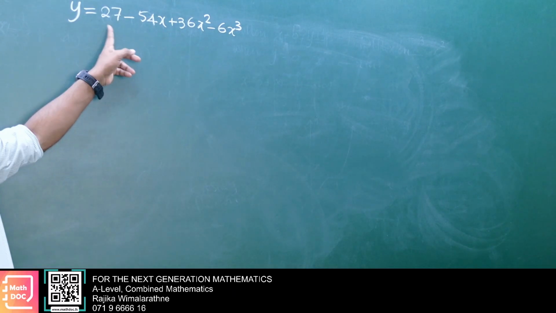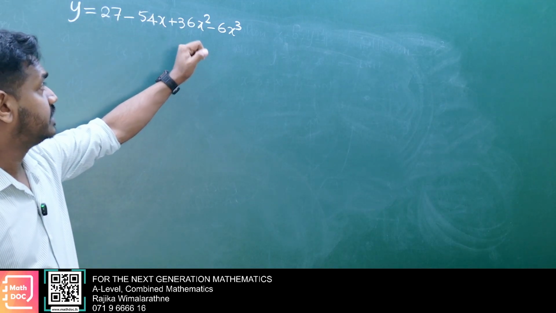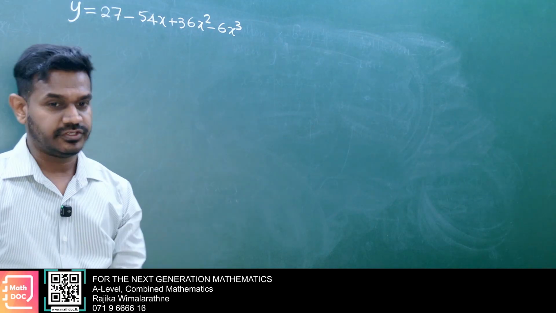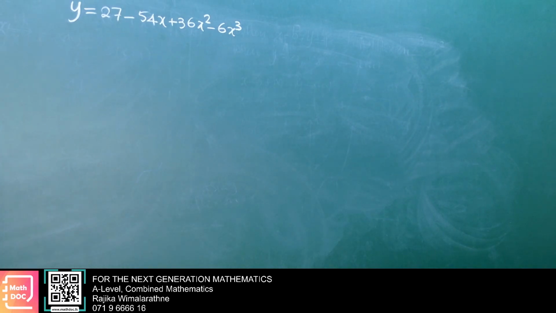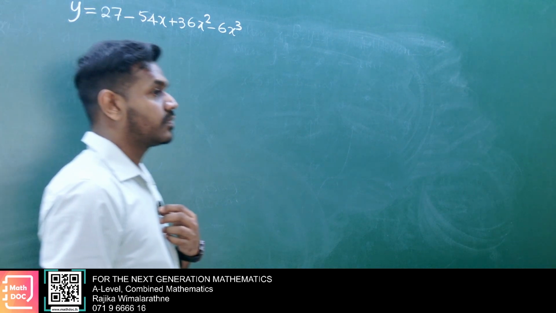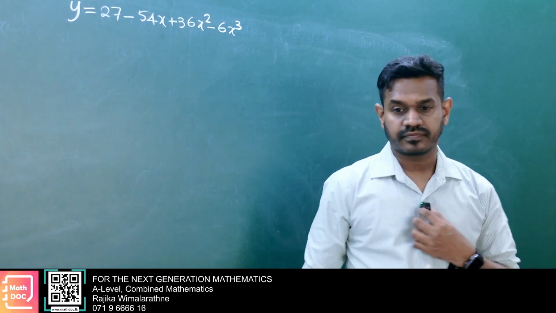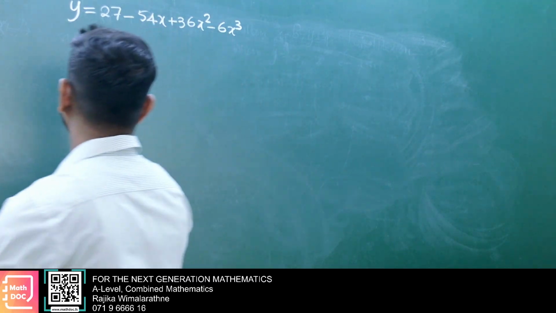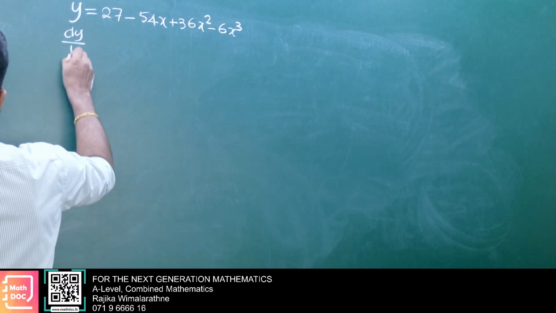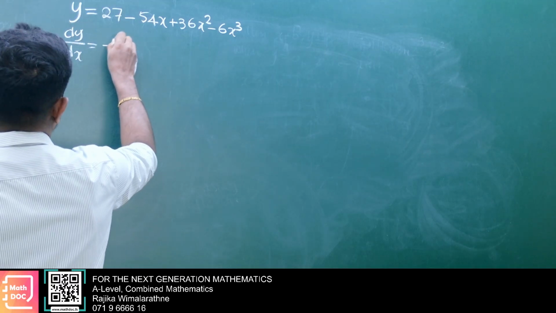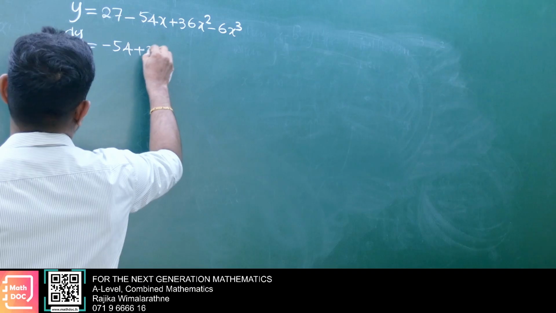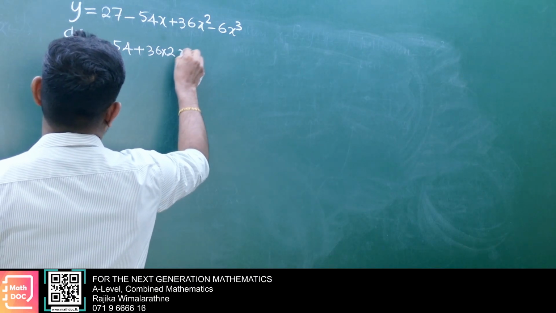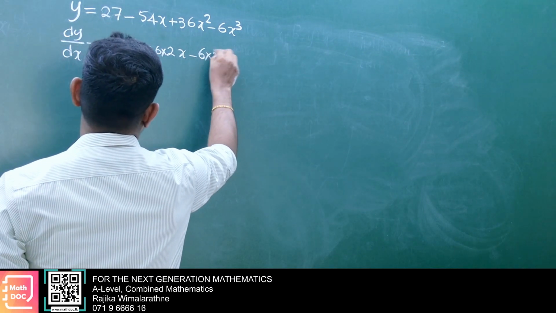y equals 27 minus 54x plus 36x squared minus 6x cube, right? dy by dx equals minus 54, 36 times 2x, 6 times 3x squared.